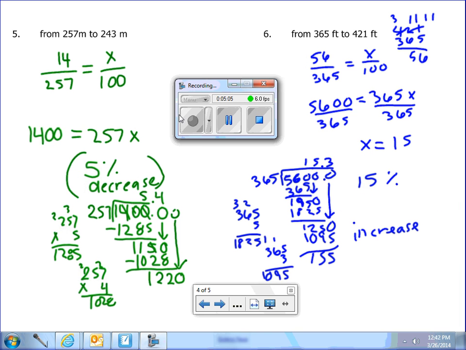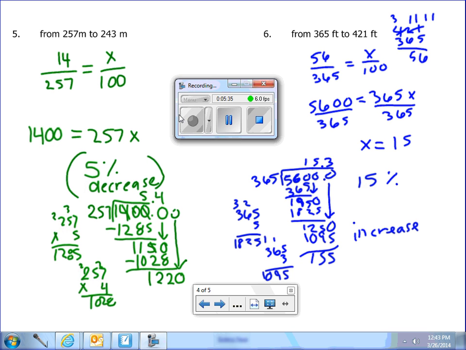In number 5, there was a decrease from 257 to 243. The difference is 14, which we'll put over 257 and set up in a proportion. Did cross products. 1400 is equal to 257x; divide each side by 257. And since the instructions originally told us to round to the nearest whole number, we only needed to go out to the tenths place in this example.